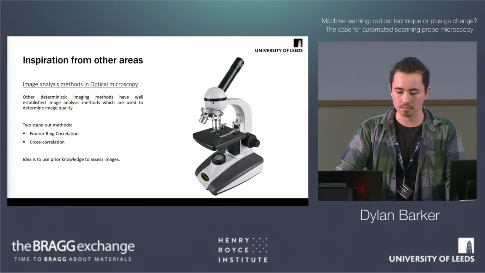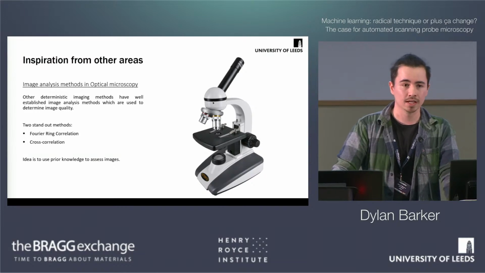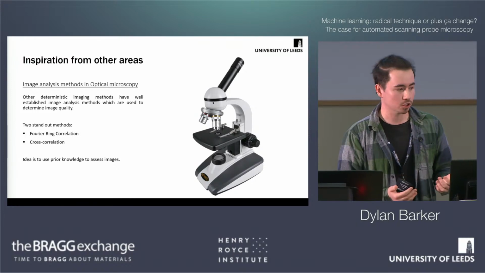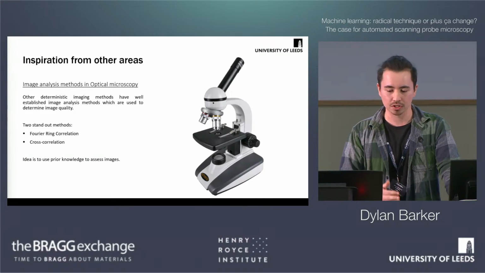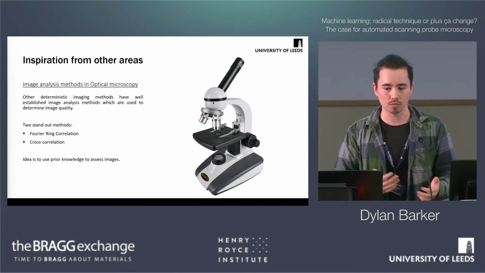So I've talked entirely so far about classification of these images using machine learning. But in other deterministic imaging methods, like optical microscopy and electron microscopy, there are well-established image analysis methods which you can use to determine how good your image is.